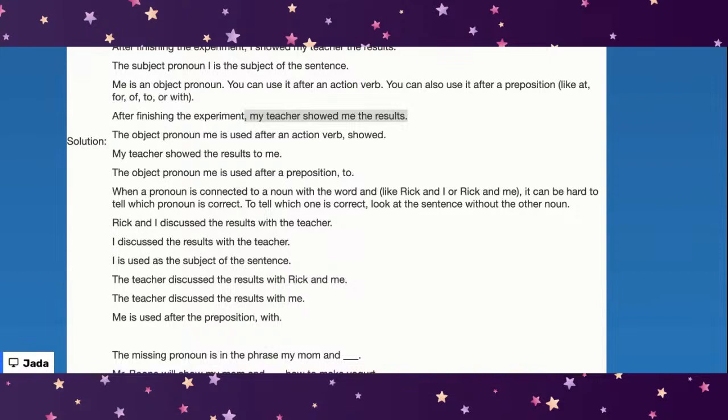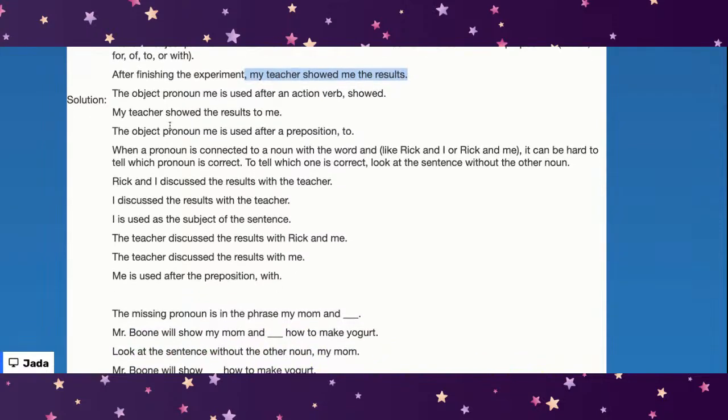Teacher showed, okay? Showed me. It's an action verb. And the object pronoun me is also used after a preposition, to.